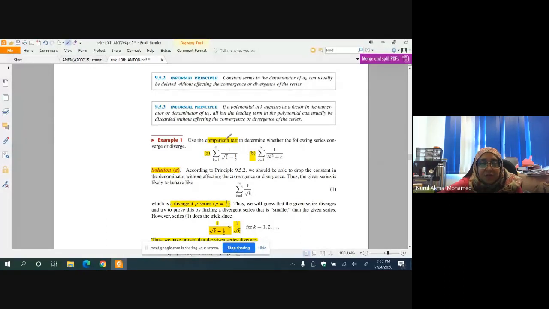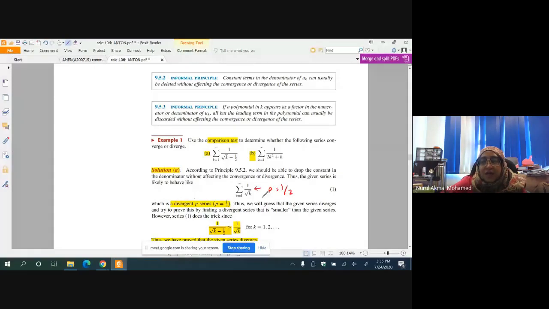So let's look at the first one, A. We want to compare with this series. Why? Because we know that this series is a P series, with P equal to 1/2.